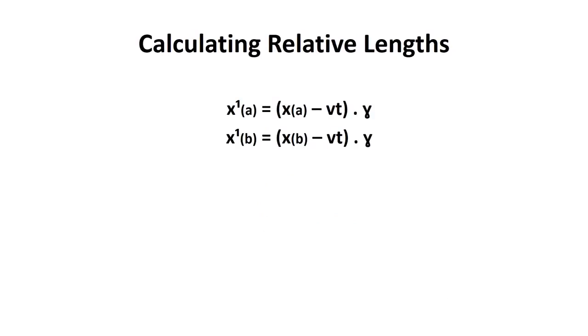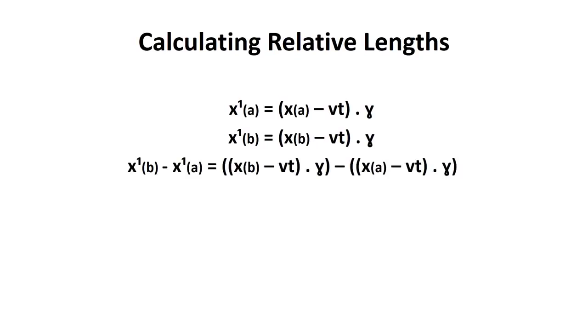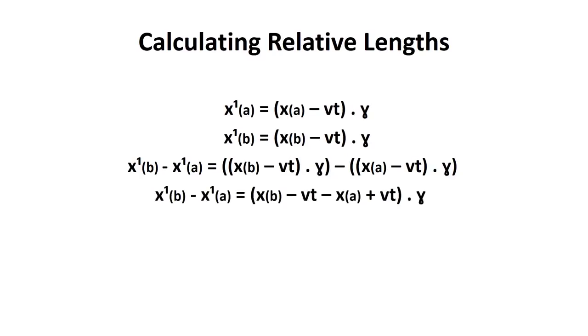x1a is equal to xa minus vt multiplied by gamma, and x1b is equal to xb minus vt multiplied by gamma. To find the lengths, we do as instructed by Einstein. We subtract x1a from x1b and perform the same subtraction on the right-hand side of the equations. We can simplify the right side because both components are multiplied by gamma.